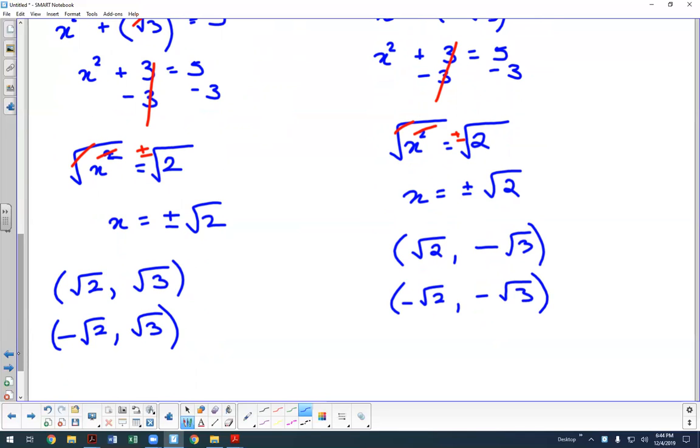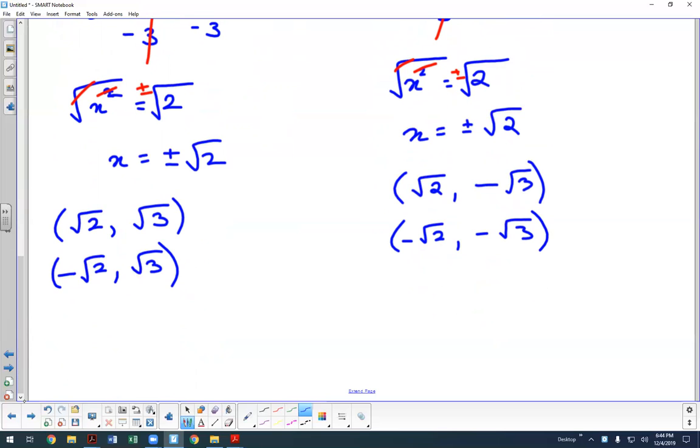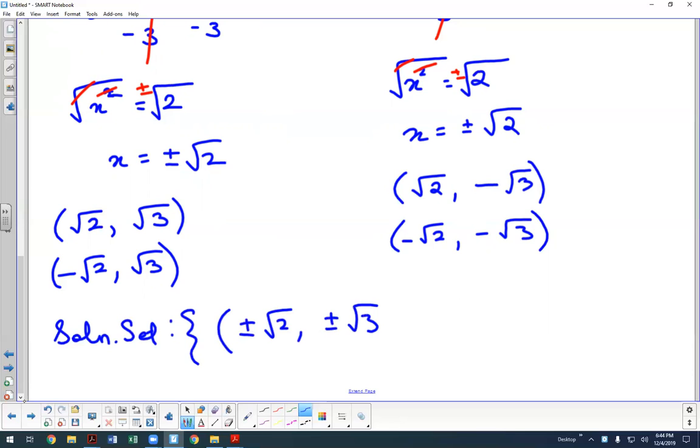Those will be our 4 different points where these 2 functions are intersecting each other. On paper, you can write it like that. But keep in mind that's 4 different ordered pairs.